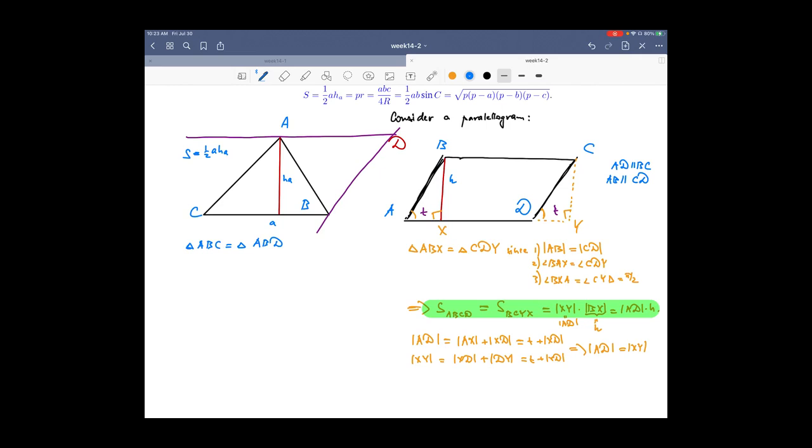Why is that? Well, they share one side. AB, for instance, is shared. And then we have equality of angles.